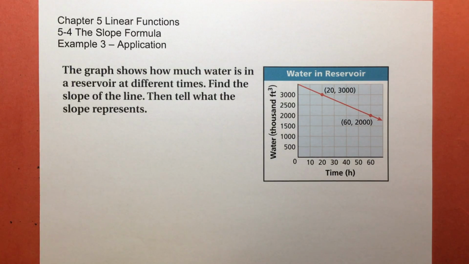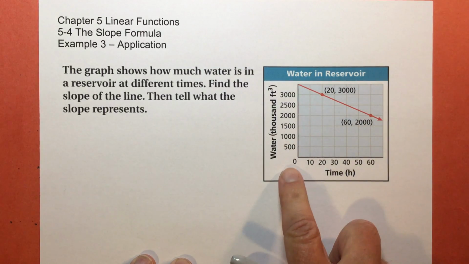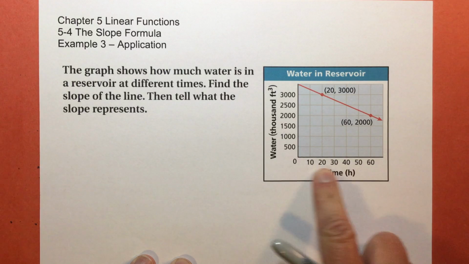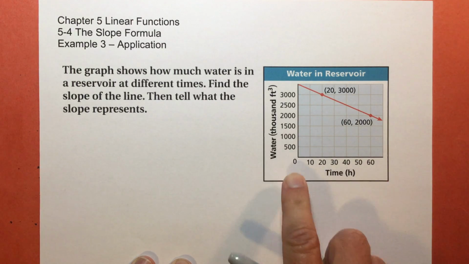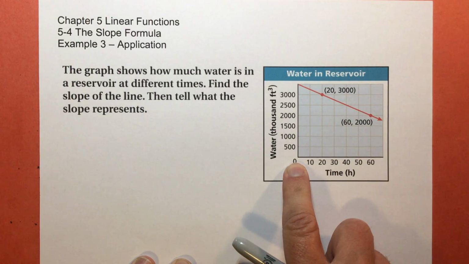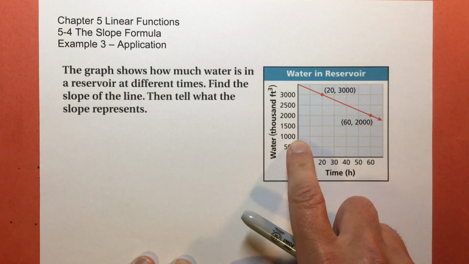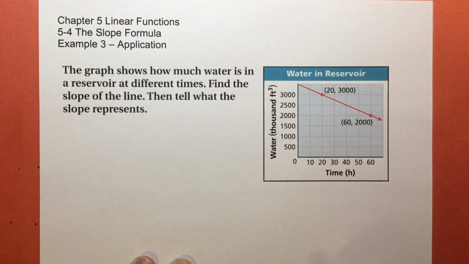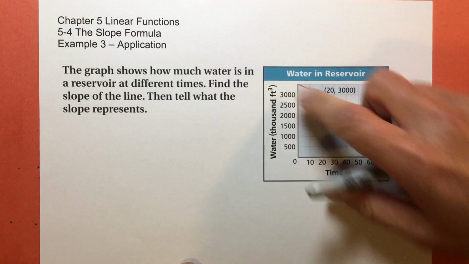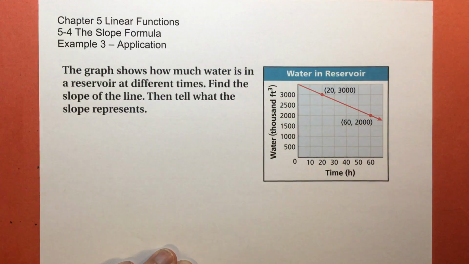Seems that the water in this reservoir is going down. So we're studying it over a 60-hour timeline. When we started studying it, it looked like there was 3,500,000 cubic feet of water.